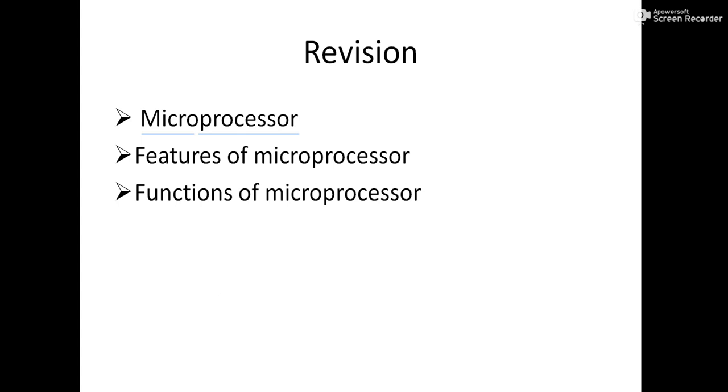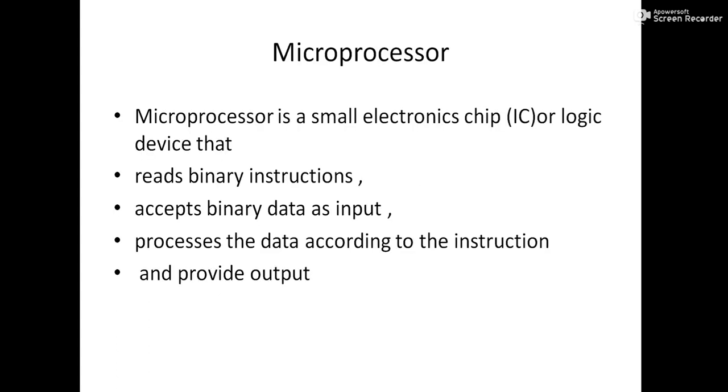Now let us see the definition of microprocessor. Microprocessor is a small electronic chip or logic device that reads binary instructions, accepts binary data as input, processes the data according to the instruction, and provides output.